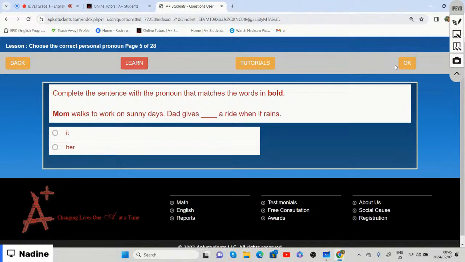And mom walks to work on sunny days. And dad gives, do we say dad gives it a lift when it rains or dad gives her a lift when it rains? So mom walks to work on sunny days, and dad gives her a ride when it rains.